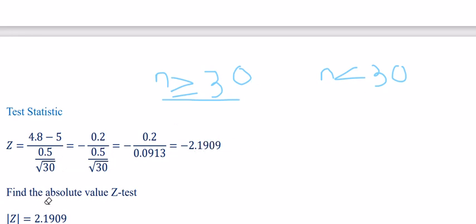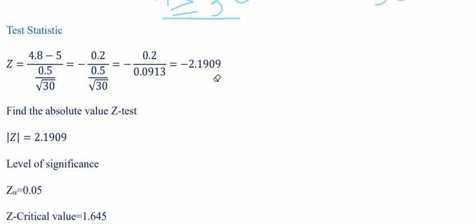Now, having gotten the Z test, we have minus 2.1909. Then we have to look for the absolute value. Not in all cases, but whenever we see a minus test statistic, I prefer converting to absolute value to make it positive, so that I can easily decide either to reject or to accept the null hypothesis.